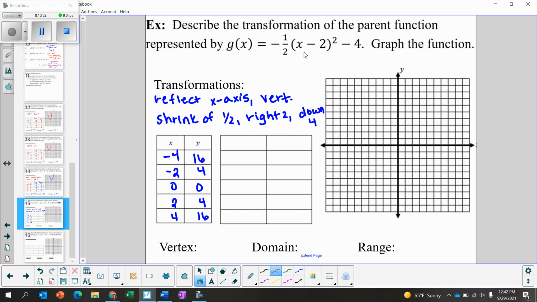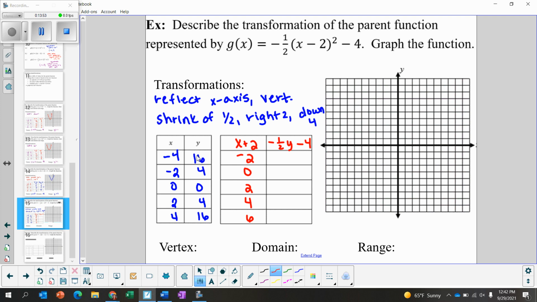So inside with the x was minus 2, so here we'll do x plus 2. I have a negative 1/2 in front, so it's negative 1/2 y, and then the minus 4. So we'll add 2 to all the x's. We'll multiply by negative 1/2 and then subtract 4.